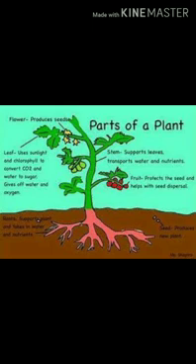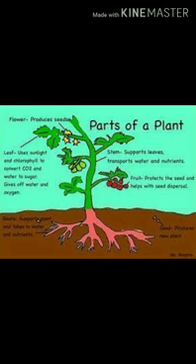How do they cook the food? Leaves cook their food with the help of air, water and sunlight. Air, water and sunlight. That process is called photosynthesis. The process of cooking food is called photosynthesis. Now look at this. This is leaf.